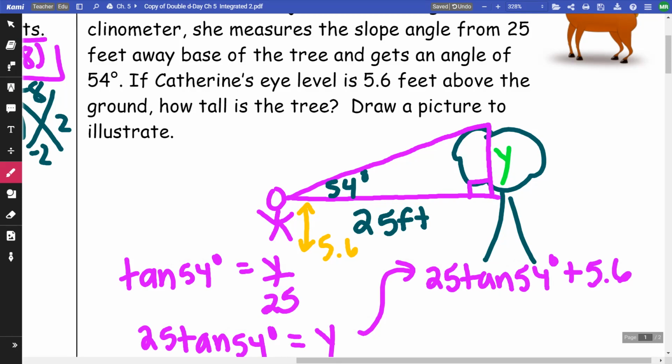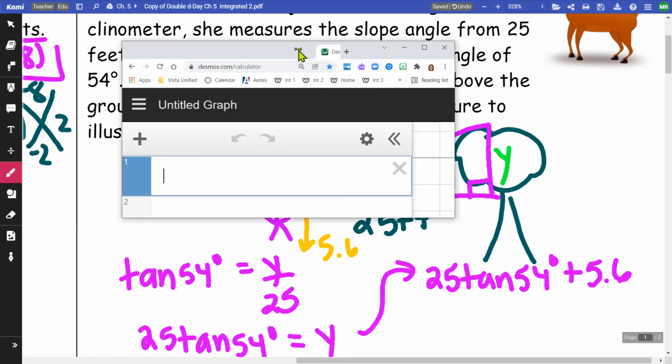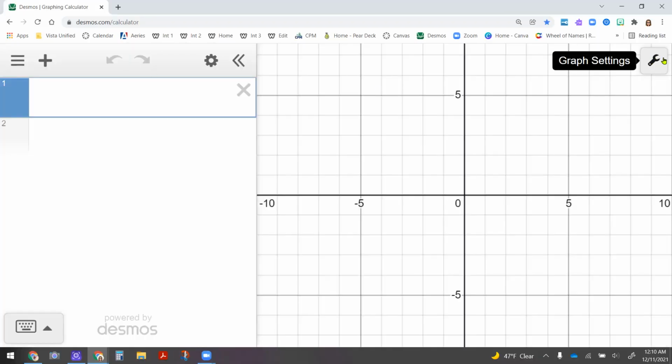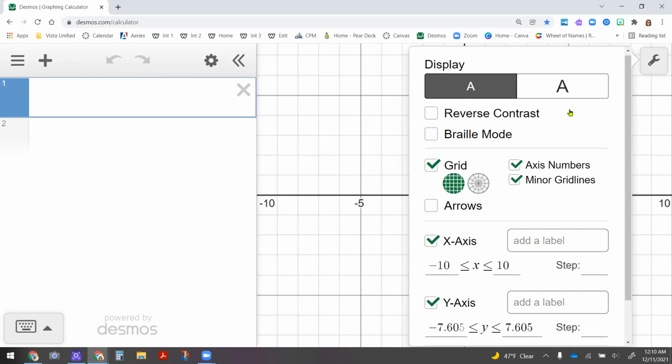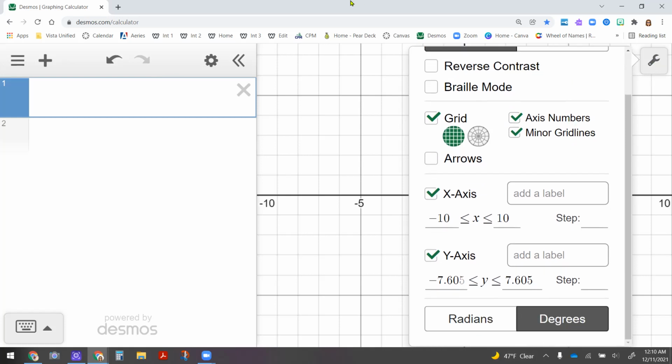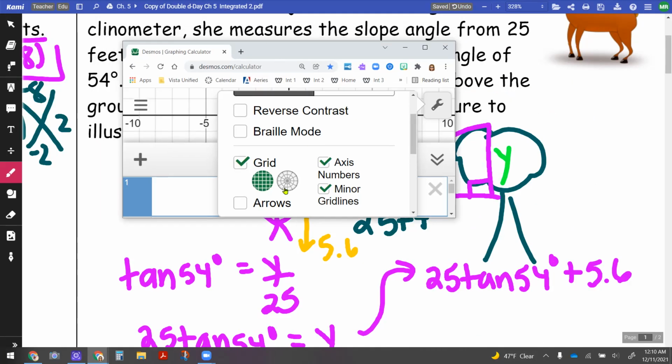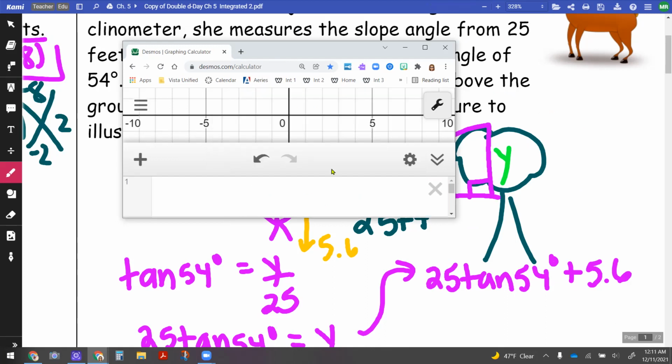And let's get the calculator and use Desmos. When you're using Desmos, you want to make sure you come here, click on the wrench and change it to degrees.